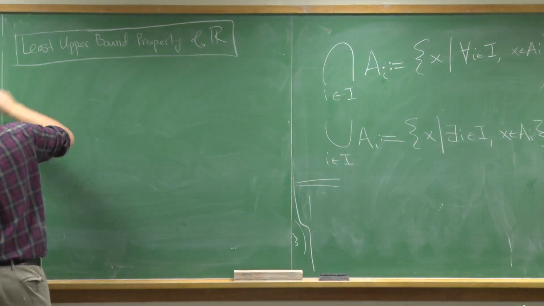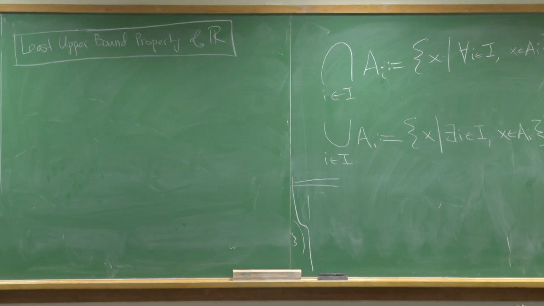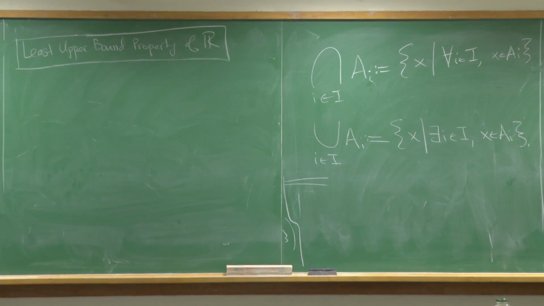I'm not going to tell you what the real numbers are today, but let me just say that they're a very complicated construction. Let me say a little bit about the history of the real numbers. The concept of the real number goes even back to Archimedes, where Archimedes recognized that the decimal expansion of pi goes on forever. So he was the first one to really give an inequality for pi.